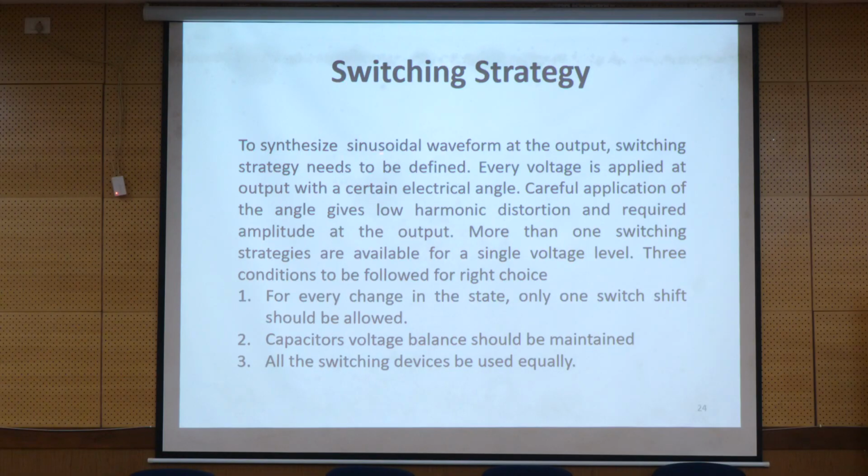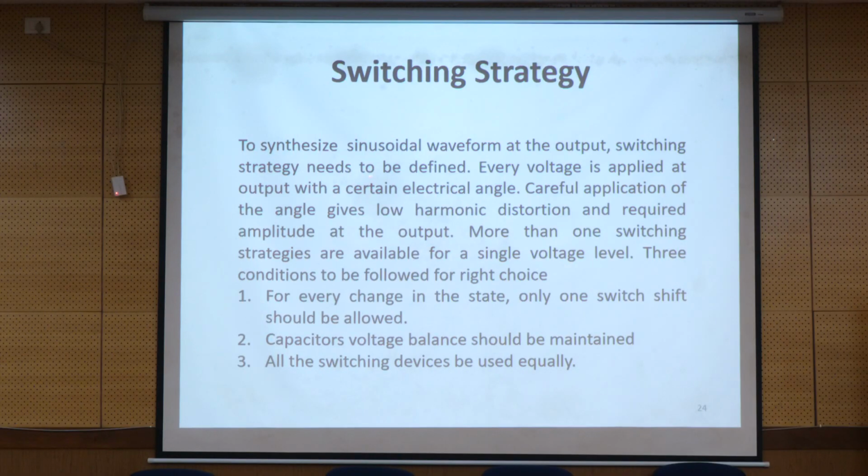To synthesize a sinusoidal waveform at the output, a switching strategy needs to be defined. Which switches should be on? For a standard H-bridge structure, diagonal switching takes place. If one diagonal pair is switched on, you get plus VDC, and when the other diagonal pair turns on, you get minus VDC.